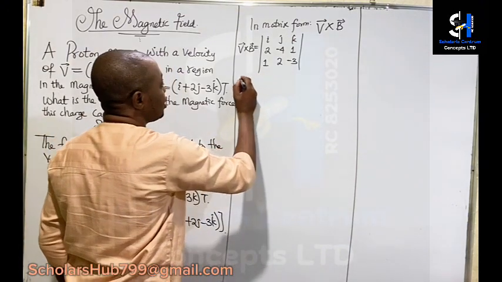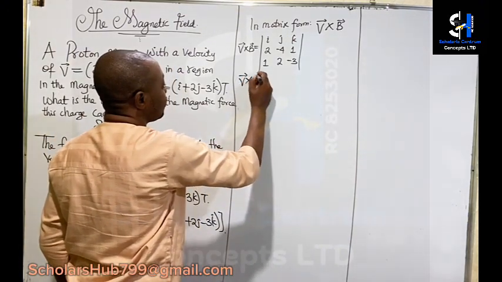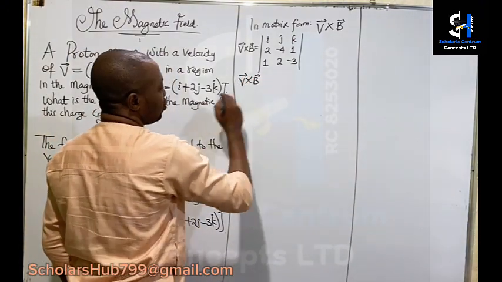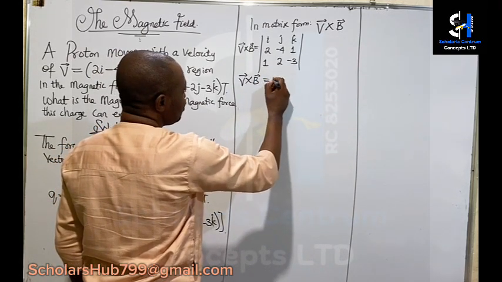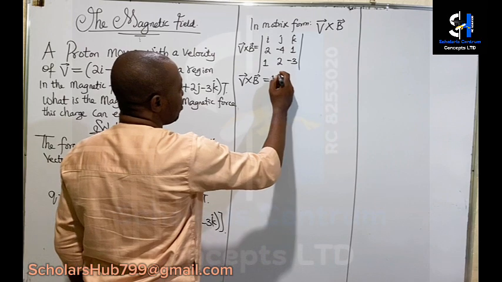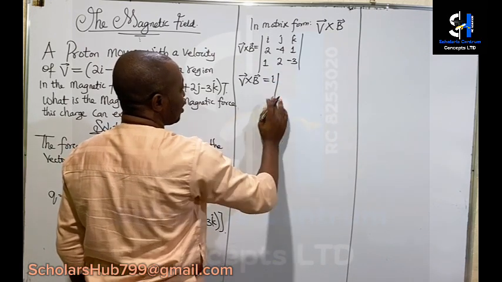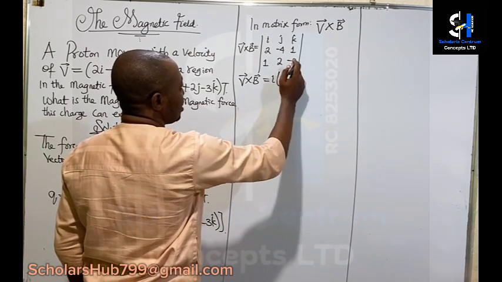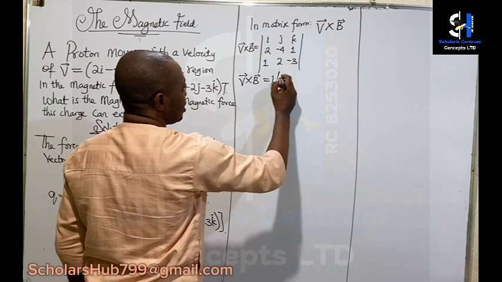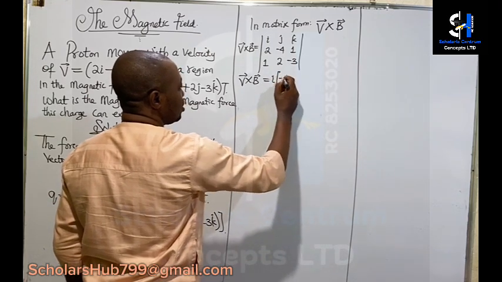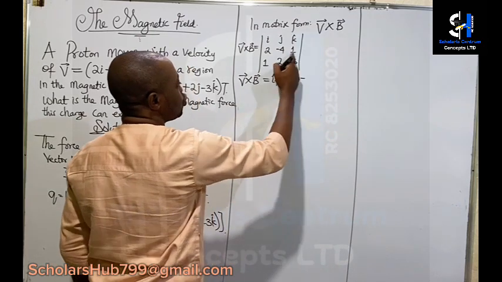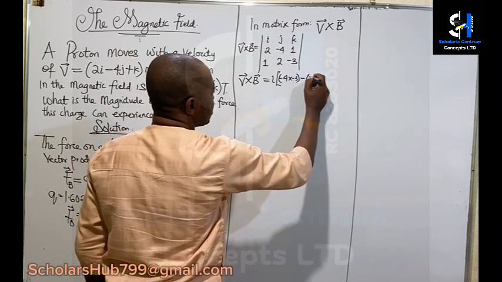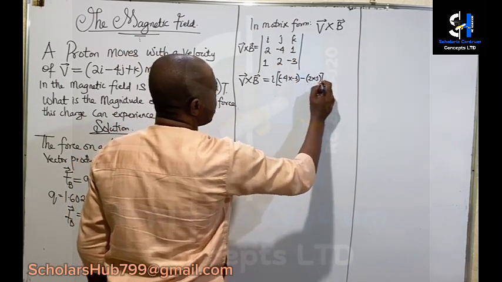So i multiplied by negative 4 times negative 3, minus 2 times 1. This is mathematics, matrices.